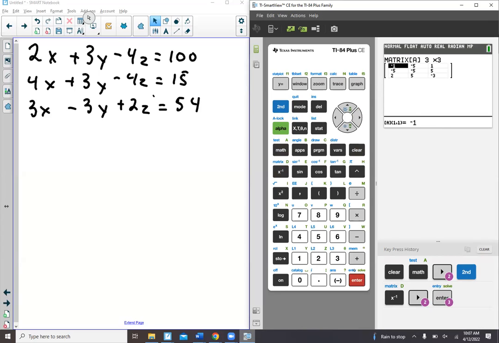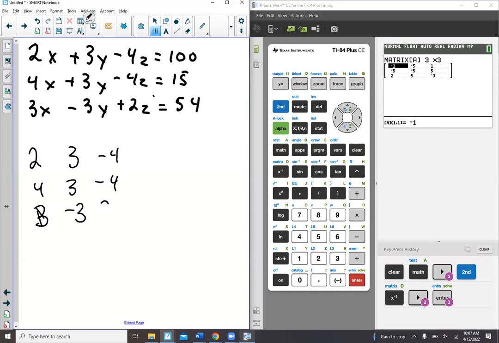So it's 3 by 3. So you take the numbers in front. In this case, your matrix should be 2, 3, -4, 4, 3, -4, 3, 3, -3, 2. So that's your first matrix.